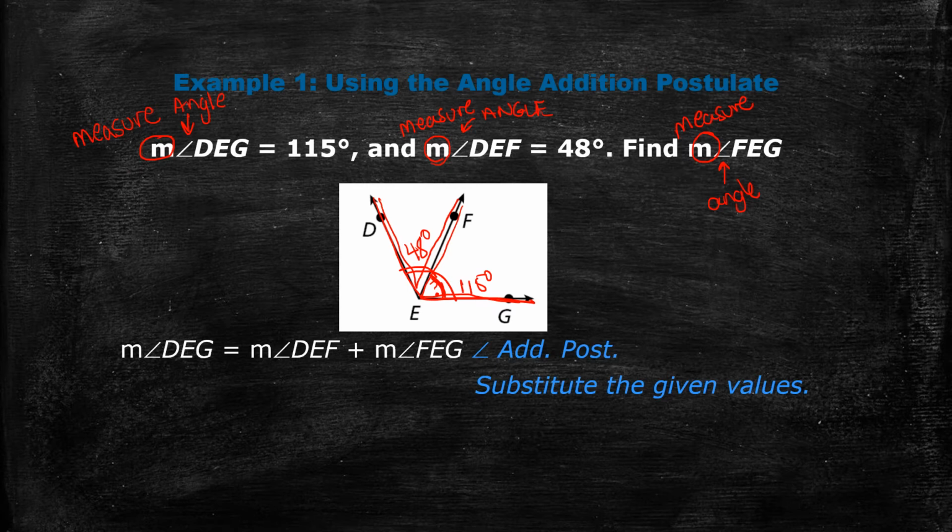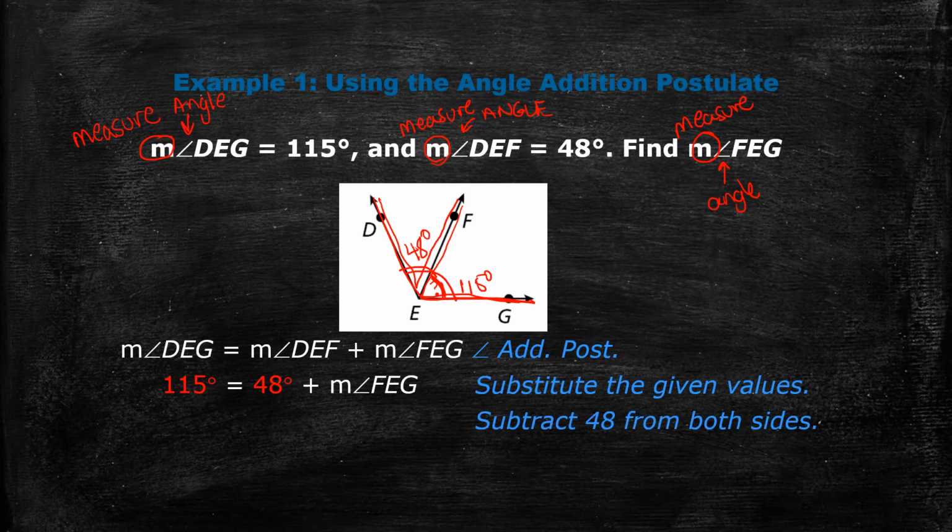So let's fill in what we know. We know DEG measures 115 degrees, and we know that the measure of angle DEF is 48 degrees, and we want to solve for angle FEG. So we take the larger angle and subtract out the smaller one. So 115 degrees minus 48 is 67 degrees.